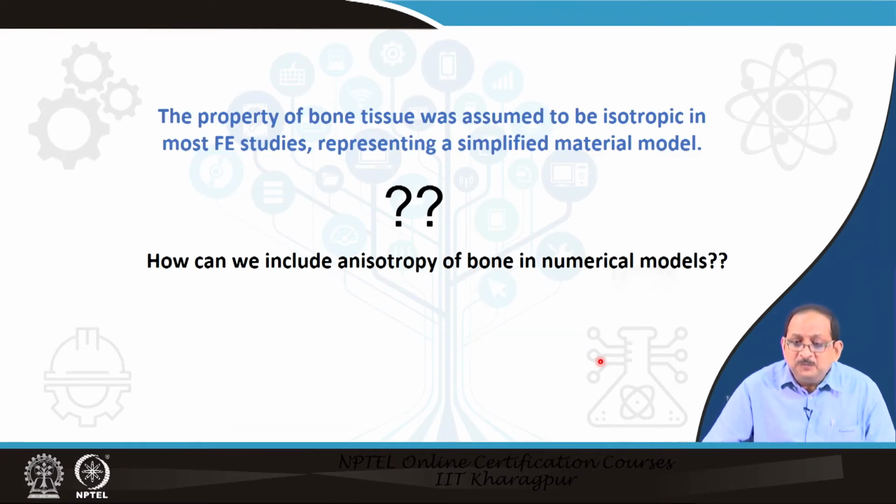Now, the property of bone tissue was mostly assumed to be isotropic in many finite element studies, representing basically a simplified material model. But the main question was, how can we include anisotropy of bone in the numerical models?